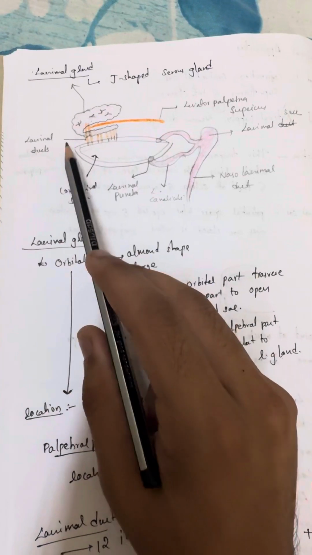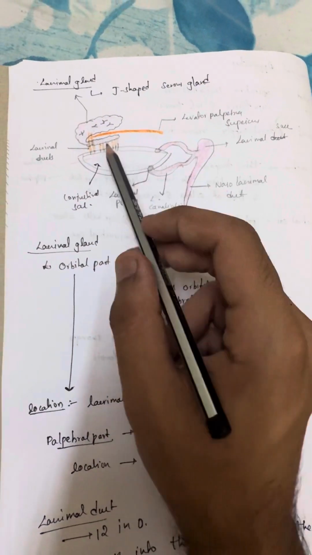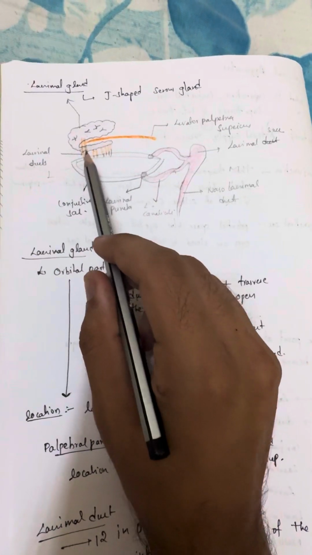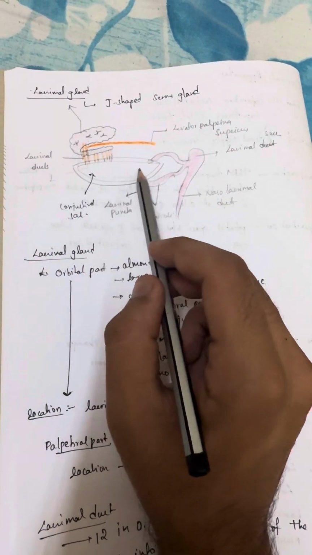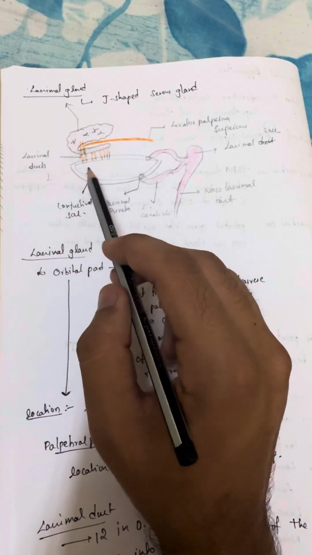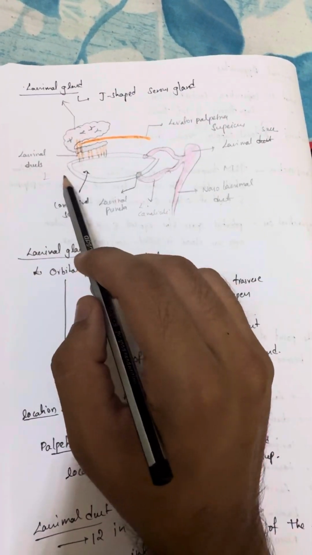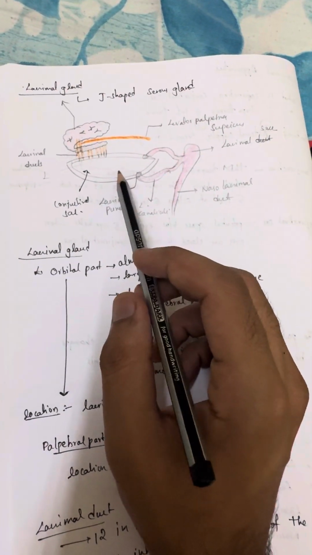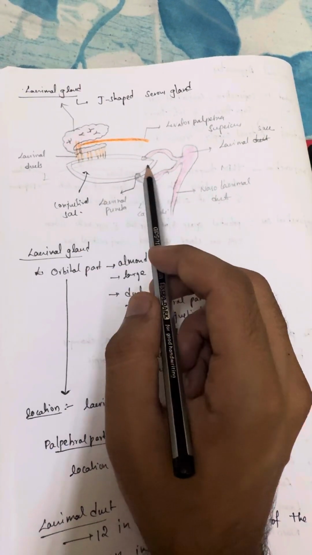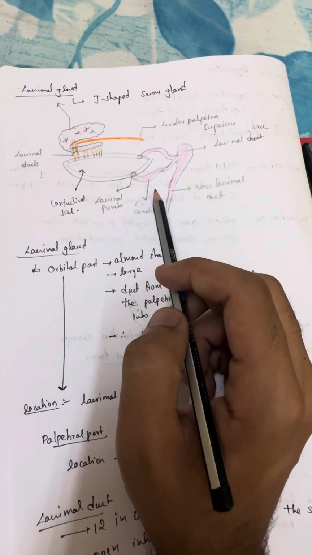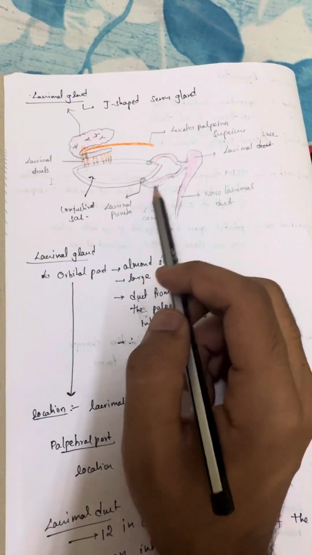And the gland lies in the lacrimal fossa. We can appreciate that this is the lateral side and this is the medial side. The tears, the lacrimal fluid, follow this course from lateral to medial. So while we are standing, if the tears flow, the tears accumulate here and we will get the tears from here, just lateral to the nose.